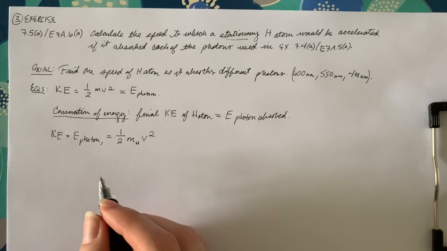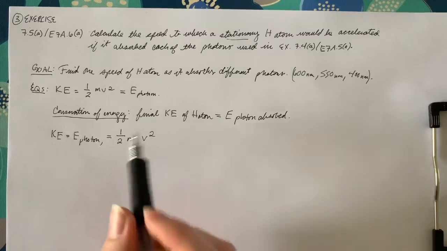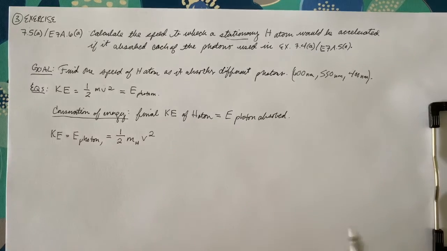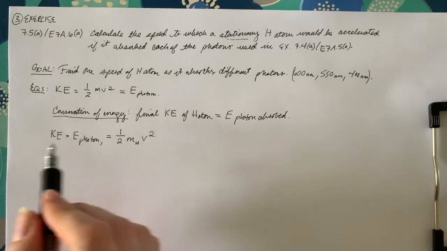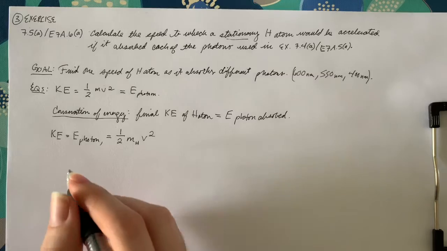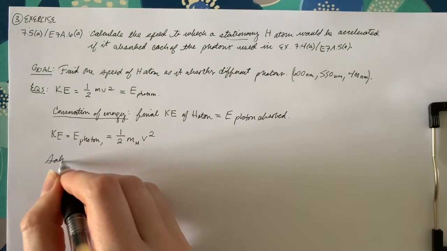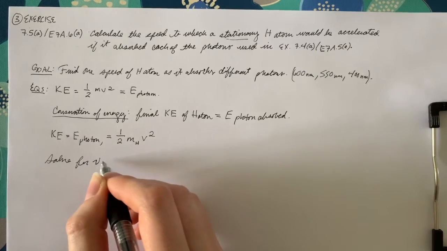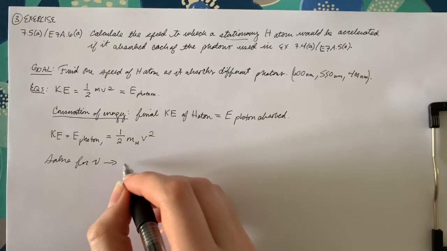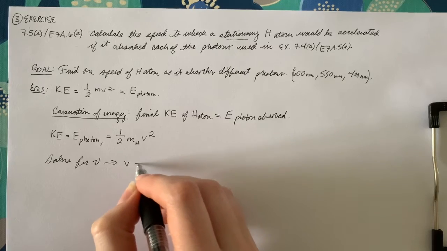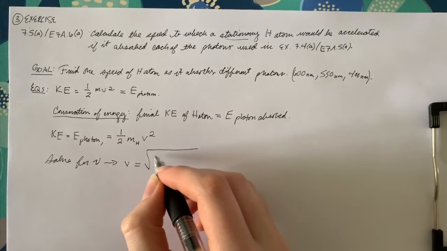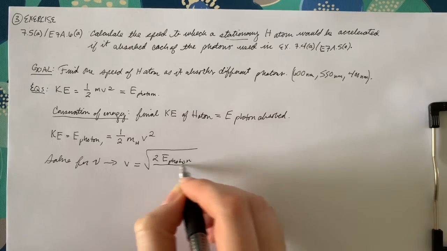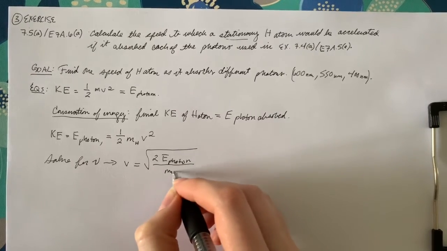Okay, so since we're asking for the speed, we can take this equation and basically just solve for v. You can plug it in and then divide out, but to me it's algebraically easier to just solve for v, so it all becomes plug and chug. Solve for v, and when you do that, we get v equals root 2 E photon divided by the mass of the hydrogen atom.